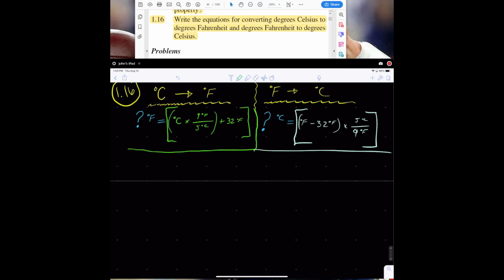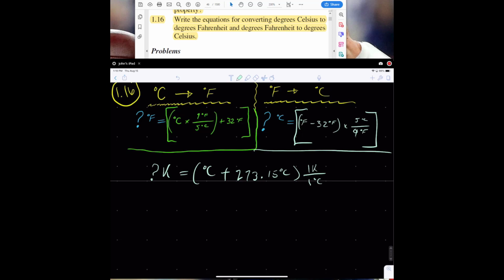If we were going from degrees Celsius to Kelvin, how we would do that is: Kelvin, it's not even degrees Kelvin, it's just stated as Kelvin, is equal to degrees Celsius plus 273.15 degrees Celsius times 1 Kelvin over 1 degree Celsius.